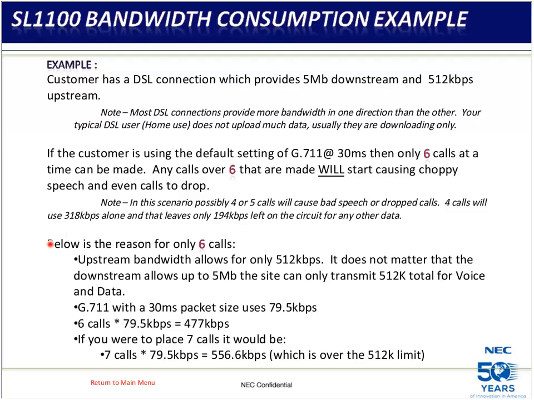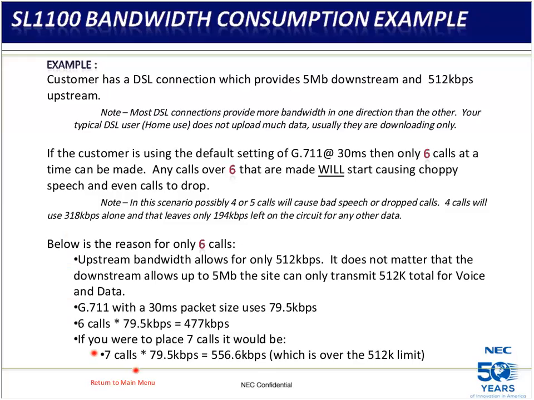Here's the math. The upstream bandwidth allows for 512 kilobits per second. And again, it doesn't matter what the downstream is. It's the upstream bandwidth that we're looking at. The G.711 codec with the 30 millisecond packet size uses 79.5 kilobits per second. 6 times 79.5 is 477 kilobits per second.